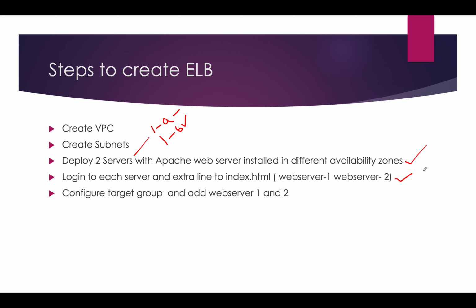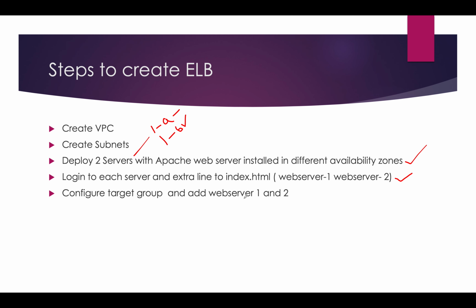While explaining the demo you will understand better. This target group is needed whenever you add web server 1 and web server 2, because it will do a health check, that is, whether your instance is alive or not. You can call it an instance, a server or a virtual machine, all are the same. It checks whether your virtual machine is up or down every 10 seconds or every 30 seconds, based on your configuration.